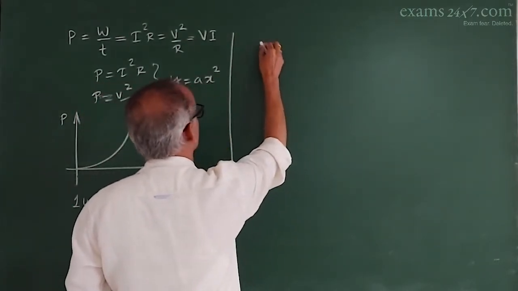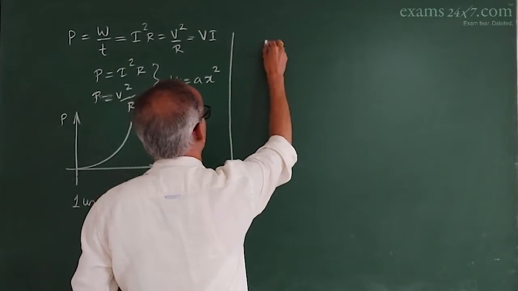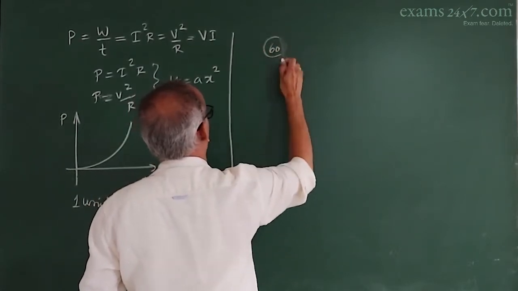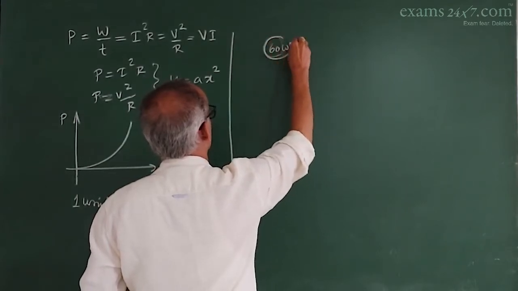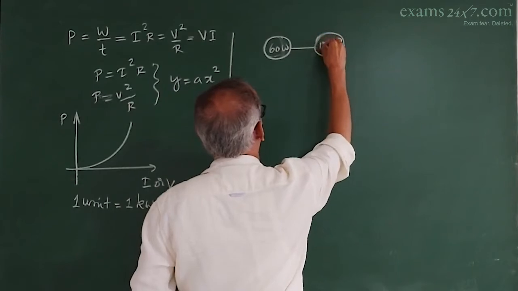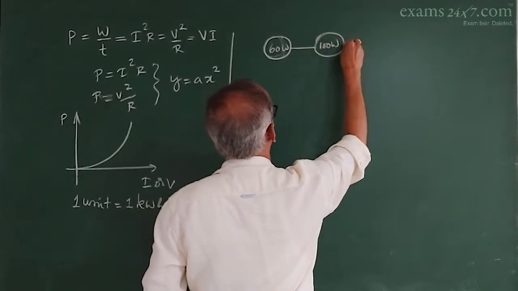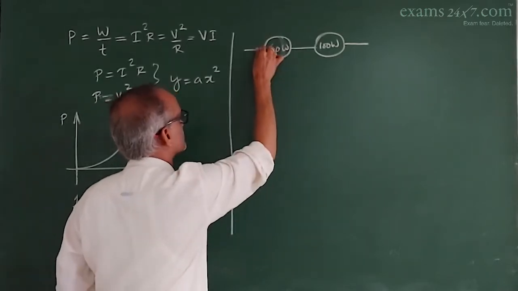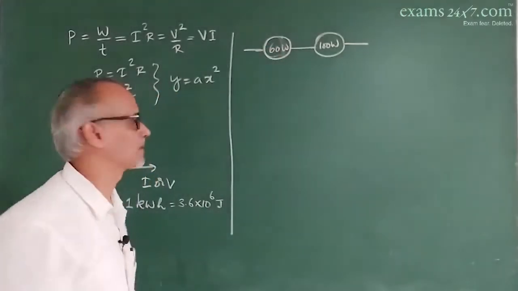Now if we connect bulbs, consider an example of a 60 watt bulb and another 100 watt bulb. I'm going to connect them in series like this. The 60 and 100 watt bulbs are connected in series.